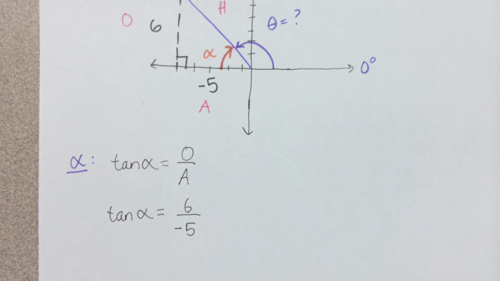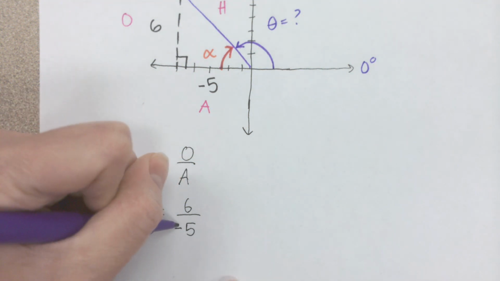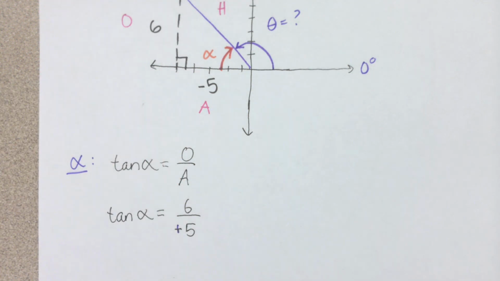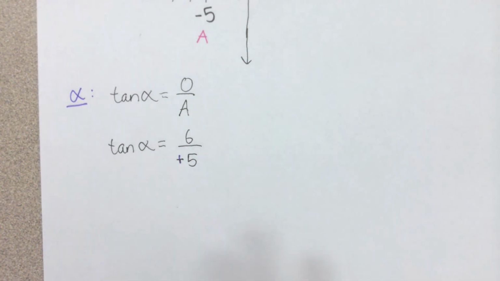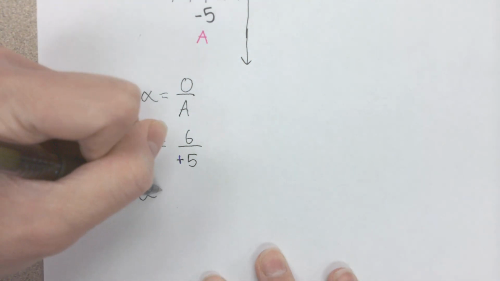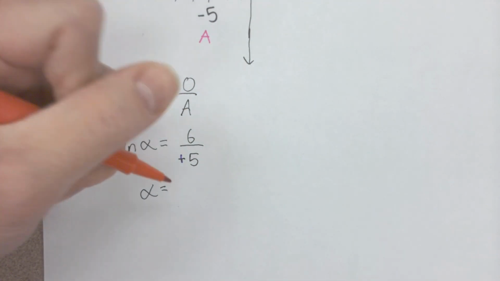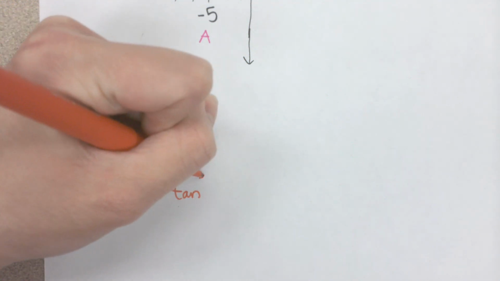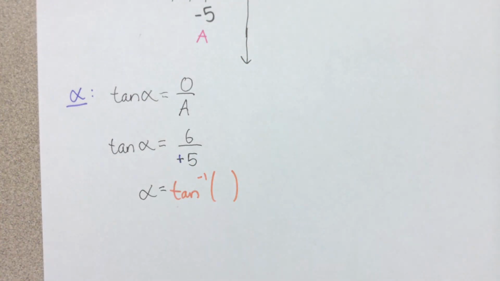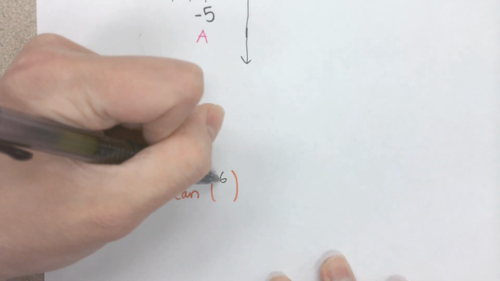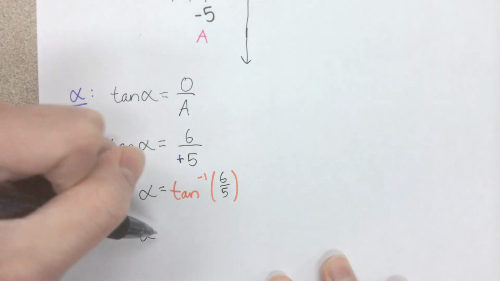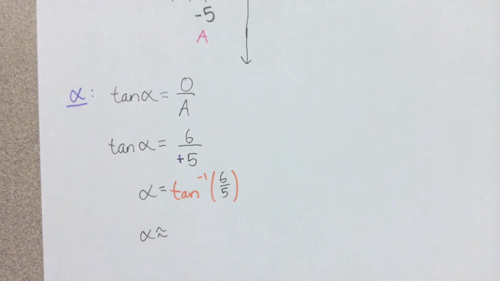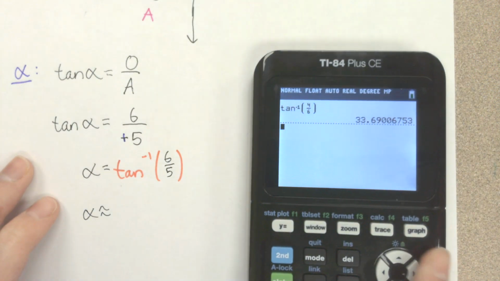And then if it's negative, fix it and make it positive. So actually it's just 6/5. Alpha is equal to inverse tangent of 6/5. And then we plug it into the calculator, rounding to the nearest tenth to get the alpha value.